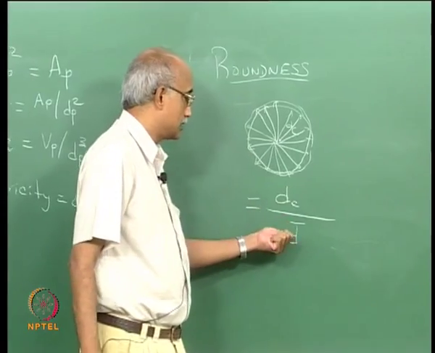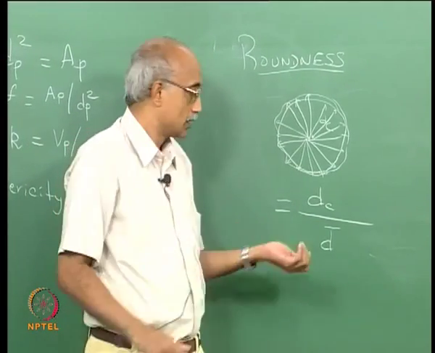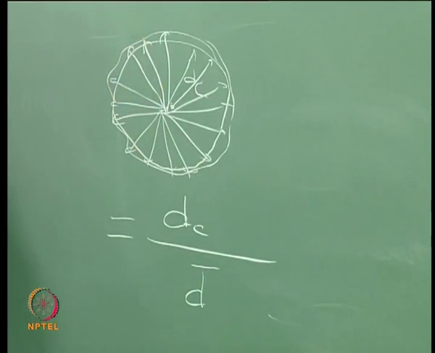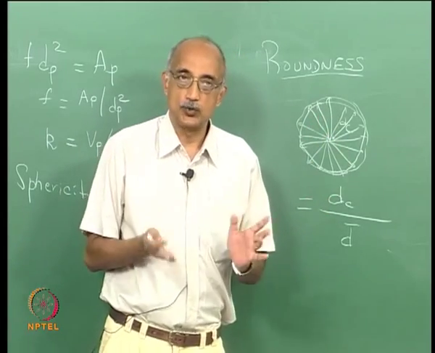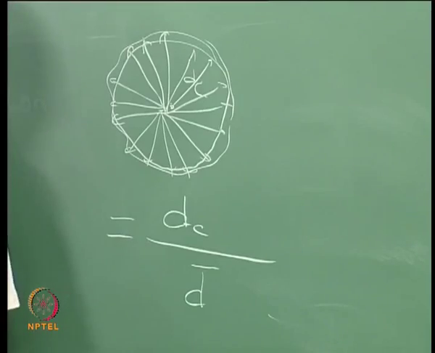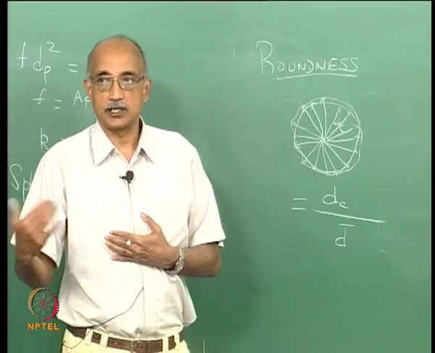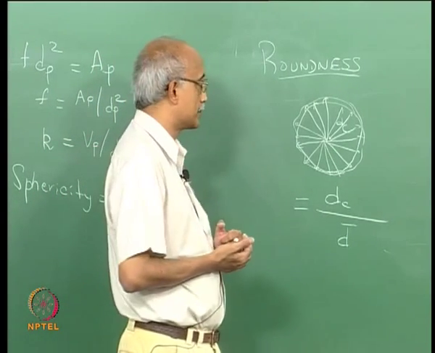So, the idea is that if you have a more rounded particle, this ratio would tend to 1 because dC will be equal to every d value, whereas the farther the deviation from roundness of the object, the greater will be the deviation of this ratio from 1, because it could be greater than 1 or lesser than 1 depending on the shape of the object.